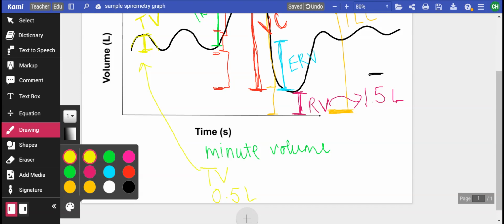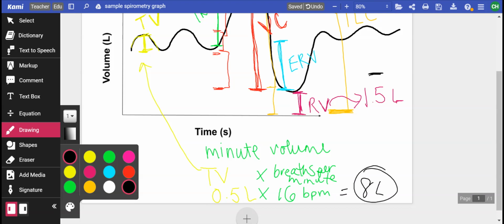So if I wanted to do that, all I would have to do was take the tidal volume and multiply it by the breaths per minute, which is pretty easy to calculate. You can just measure that on your own. So let's say I counted and I got 16 breaths per minute, not beats per minute like you would normally see. So in that case, I would just take 16 times 0.5, which is pretty easy. It's 8 liters. So the minute volume for that person would be 8 liters. So it's just the tidal volume times breaths per minute.